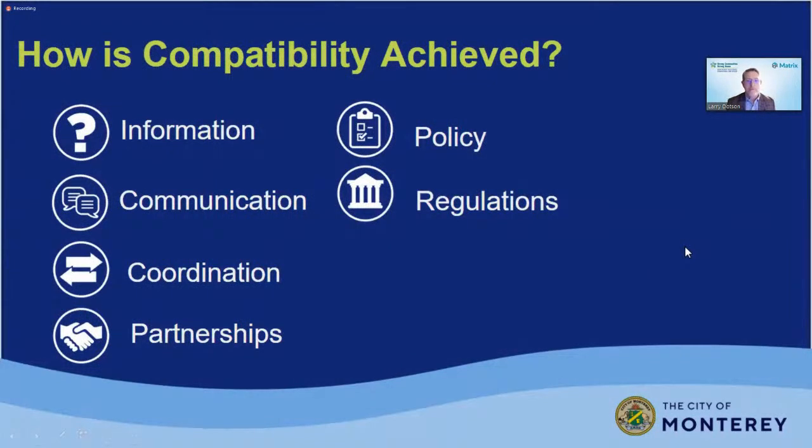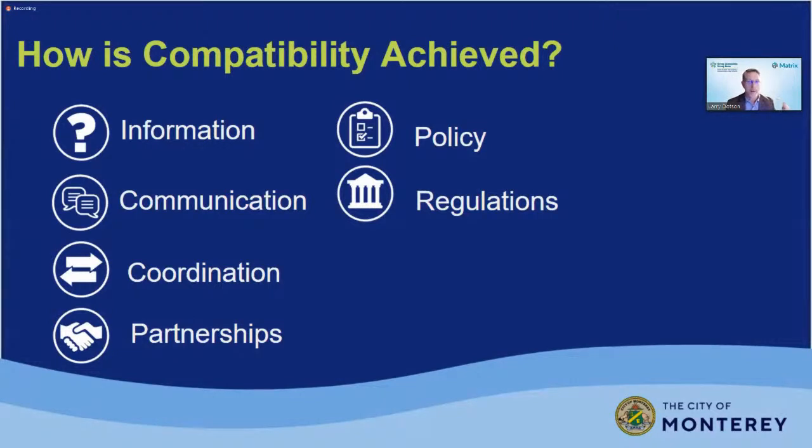So how do you achieve compatibility? The means to achieving compatibility, maintaining compatibility, and preserving compatibility into the future. You can use hard tools such as policy and regulations, but the preferred methods of achieving compatibility are really the softer methods on the left-hand side there.